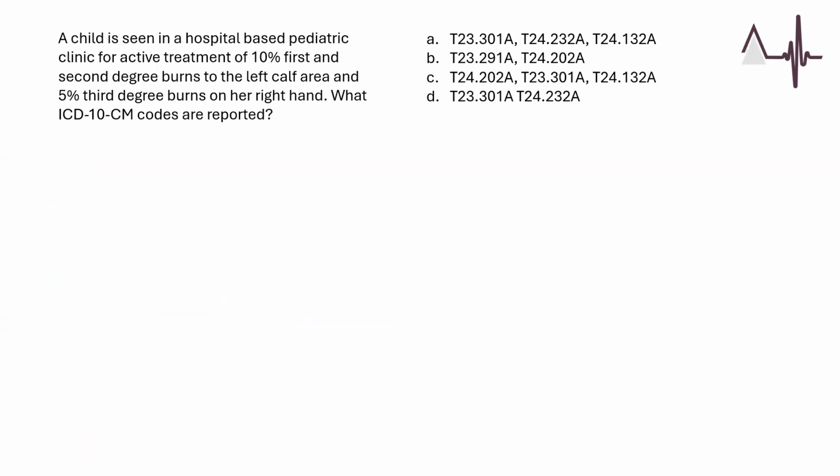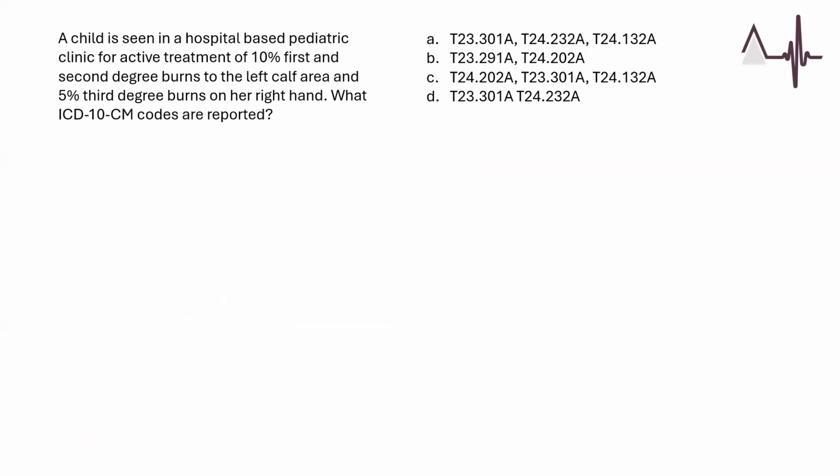A child is seen in a hospital-based pediatric clinic for active treatment of 10% first and second degree burns to the left calf area and 5% third degree burns on her right hand. What ICD-10 codes are reported? Burns are classified as burns or corrosions in ICD-10-CM.